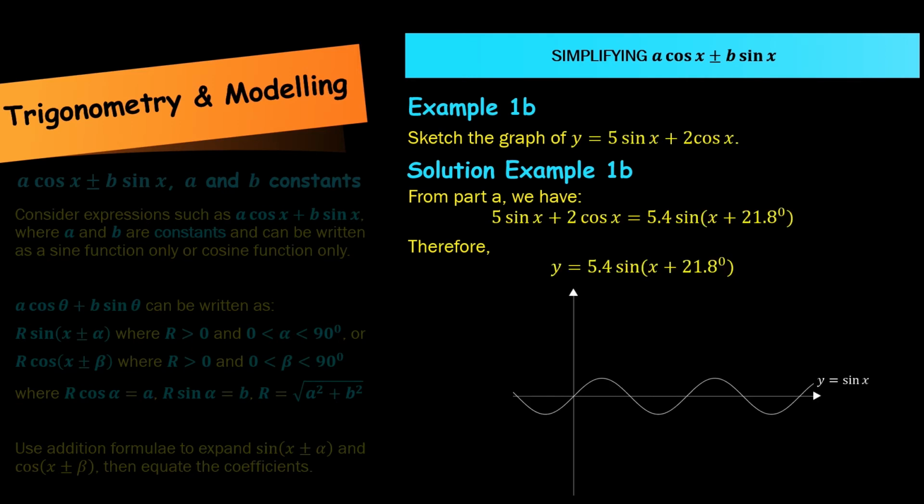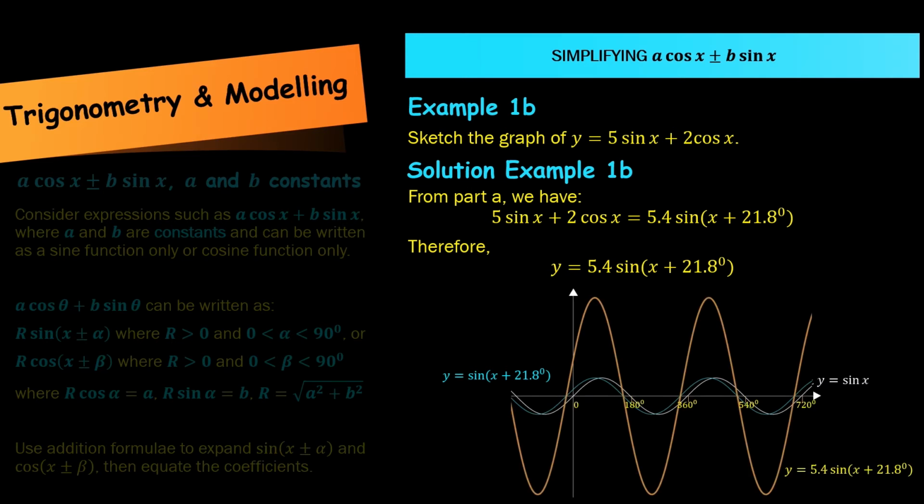So if this is our graph of y equals sin x, then y equals sin(x plus 21.8 degrees) has shifted left by 21.8 degrees, as shown by the red line. In order to obtain y equals 5.4 times sin(x plus 21.8 degrees), we then stretch the graph by a scale factor of 5.4. And so here's our graph.